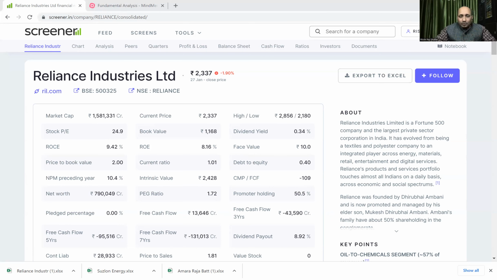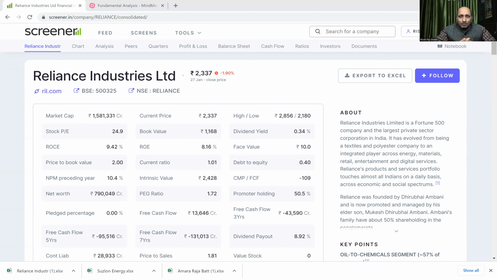Here, if the reverse is happening with any company, the company is increasing debt, its interest coverage ratio is declining, but debt to equity ratio is increasing, debt to asset ratio is increasing, financial leverage is increasing. If these three are increasing and interest coverage is declining, then it is a red flag.